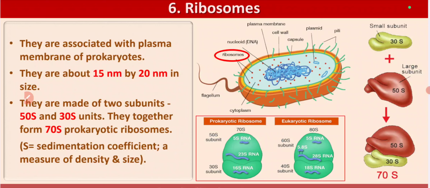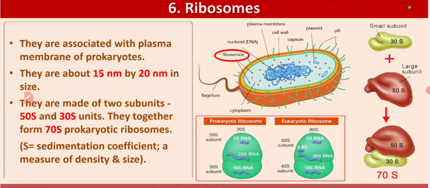S stands for sedimentation coefficient, a measure of density and size. So here you can see 70S and 30S. This S is for sedimentation coefficient. As you can see in this diagram, the ribosome is present, as well as the small subunits. 30S plus 50S gives rise to 70S.